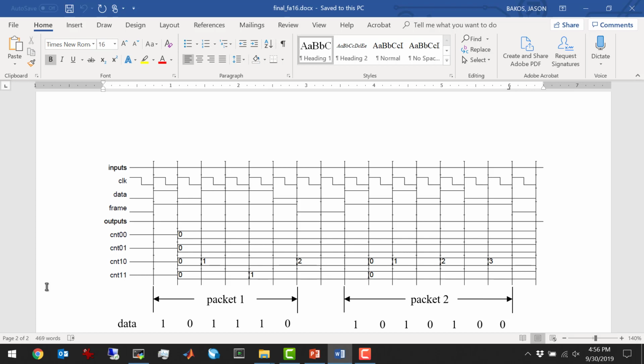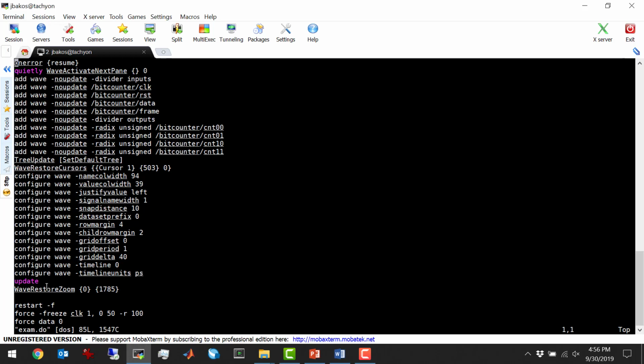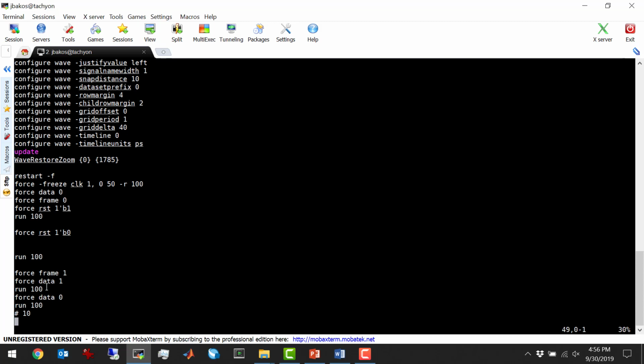And that includes, notice that this has these dividers where it says inputs and outputs, so I divide up the inputs and outputs. Also the amount of time it's run for and the zoom were all set up in the do file. So add wave just adds the waves. You can also add a divider that just adds a dummy divider. And then this statement, wave restore zoom, sets the zoom. And then we restart.